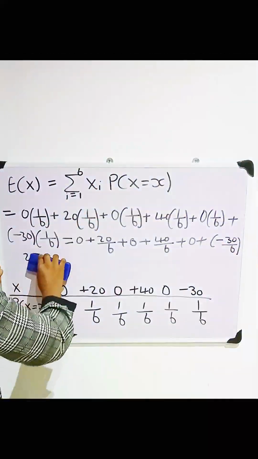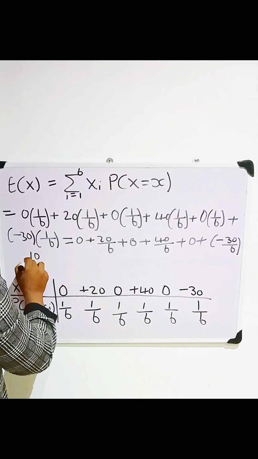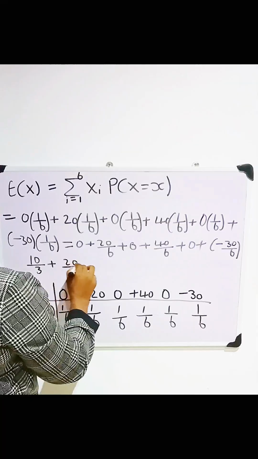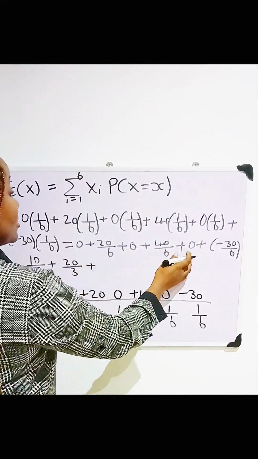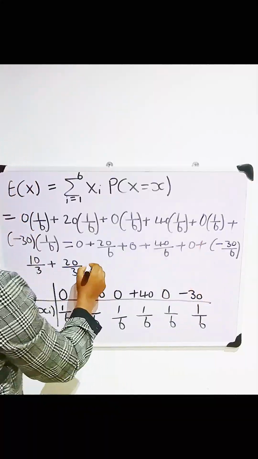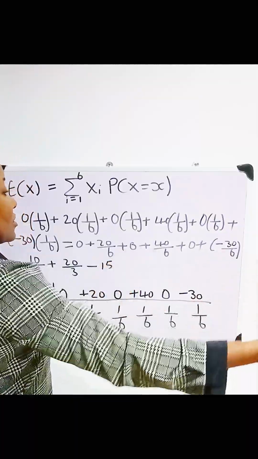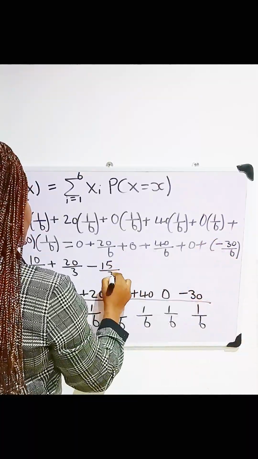This can be simplified: a 2 here is 10 and a 2 down there is a 3, plus 20 all over 6 gives a 3 down there, this 0 is off, and then the minus sign comes in, and a 2 here is 15, a 2 here is 15 all over, a 2 here is a 3.